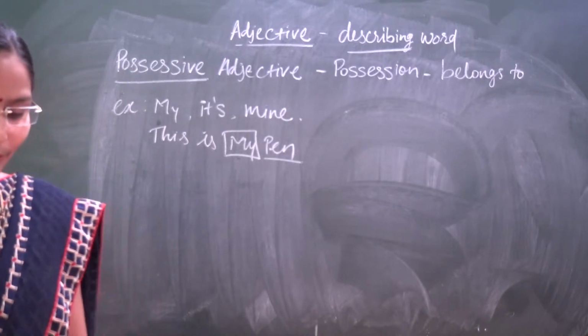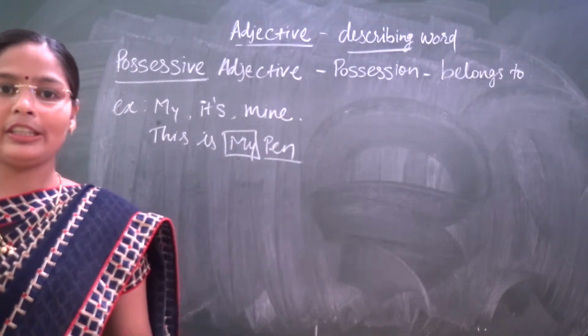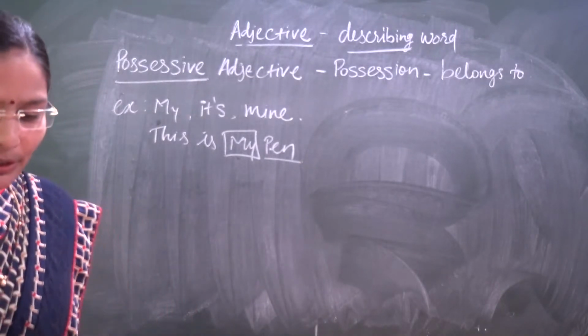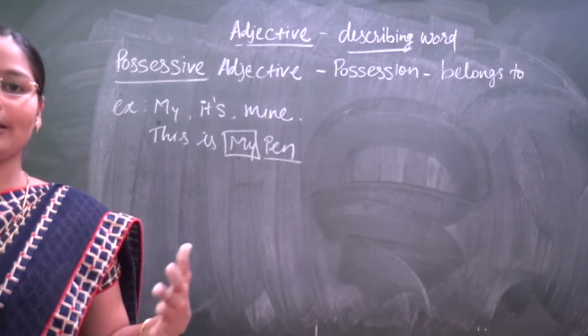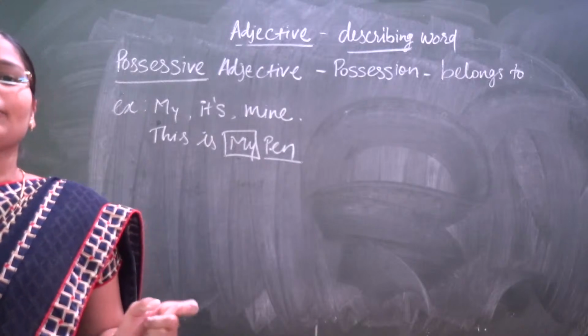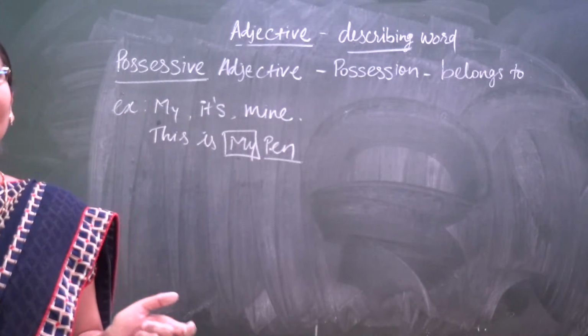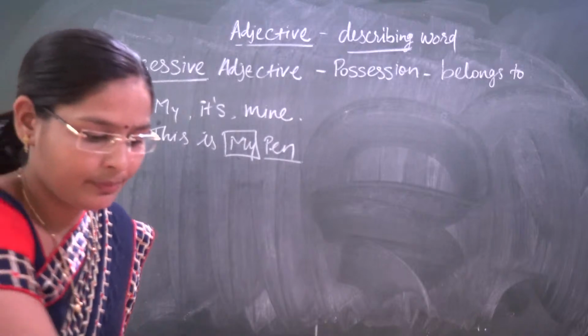Then comes the formation of adjective. Formation of adjective is also a very important component because that is there for your examination. In examination, you are not writing the types or definition. What you are doing is only forming the adjective and identifying particular parts of speech.